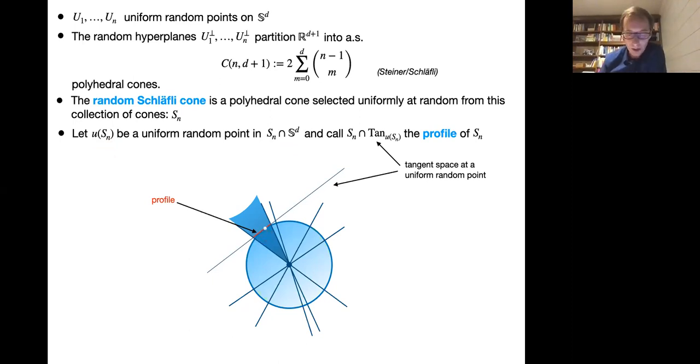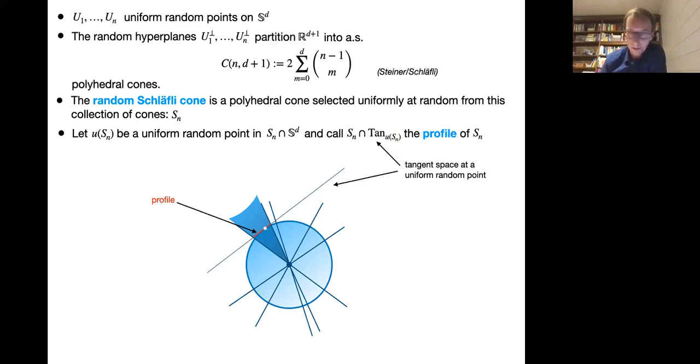And now you can look at the tangent space of the sphere at this white point. So this is the line indicated here. And you can intersect the random cone by this tangent space at this random point. And this is what we call the profile of this cone. So this symbol means the tangent space at the uniform random point, and this red line here is the profile of this cone.